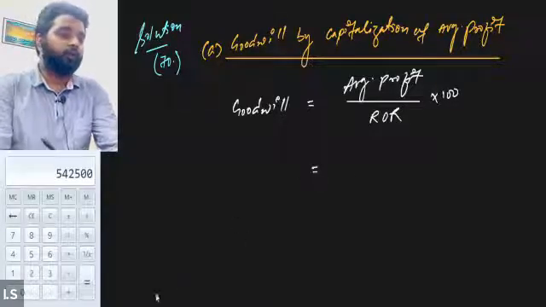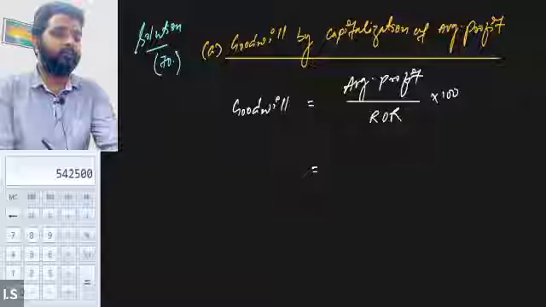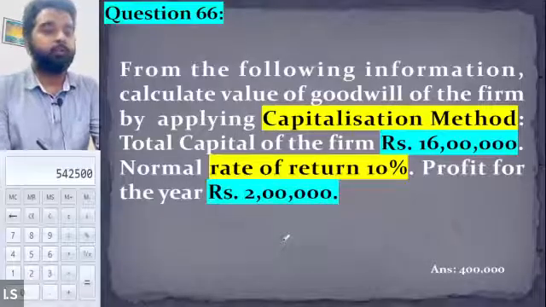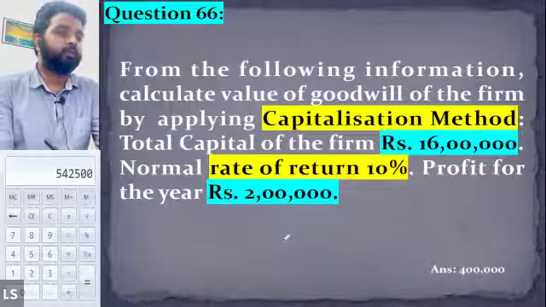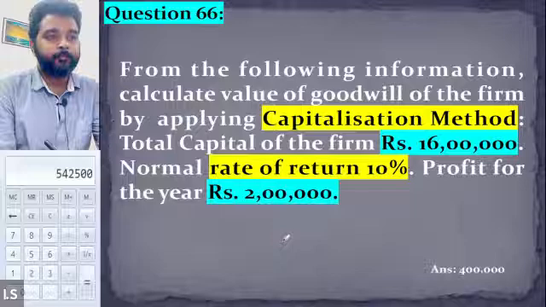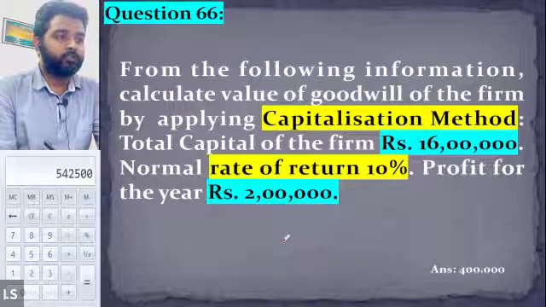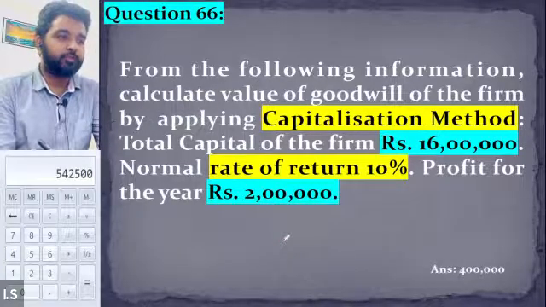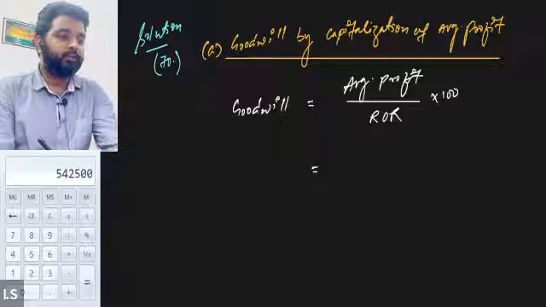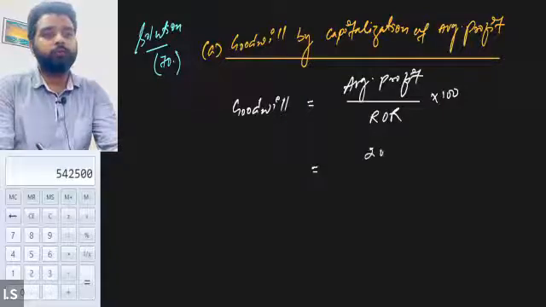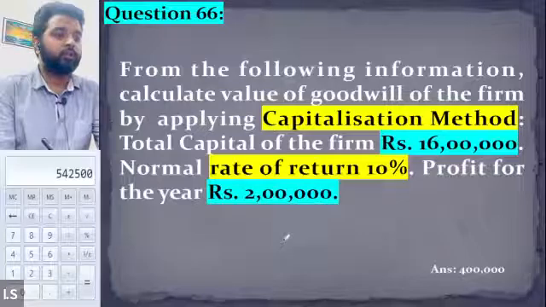And I guess the average profit is already given in the question directly. Anyone please tell me what is the average profit? 2 lakh, correct. 2 lakh is the average profit that is already given. And the rate of return is also given, which is 10%.